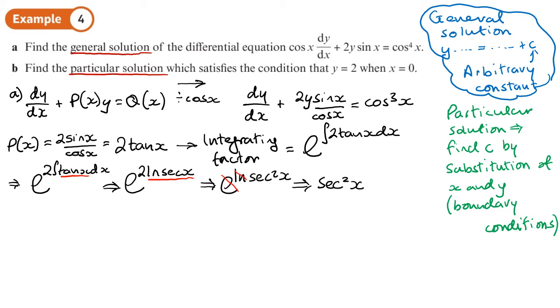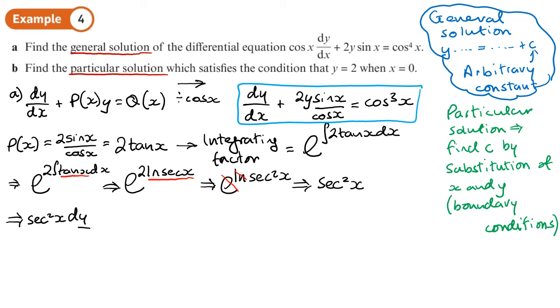So that means multiplying every term in this. So that will give me sec squared x dy dx plus 2y. Now the sine over cos is tan x.